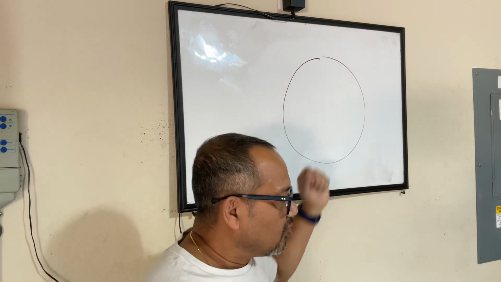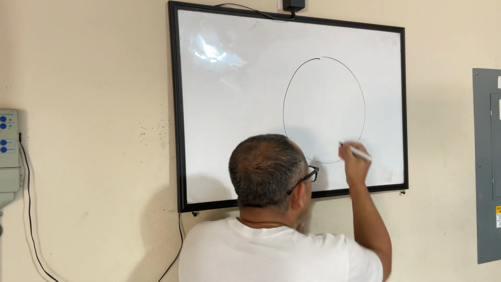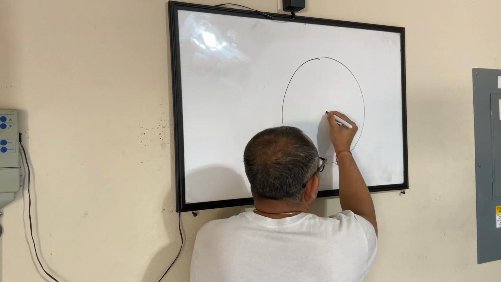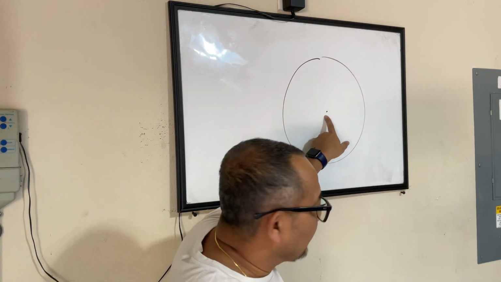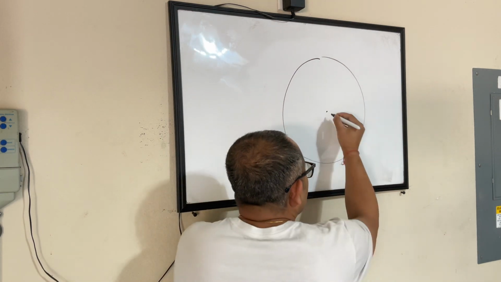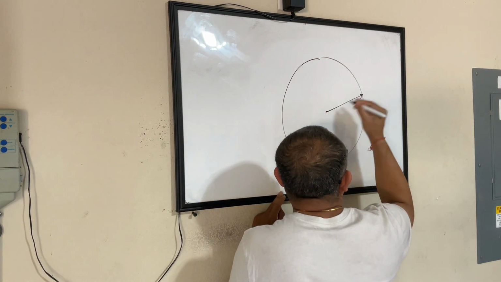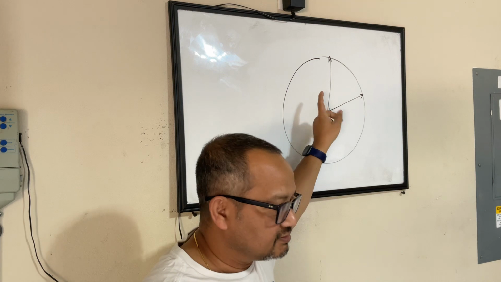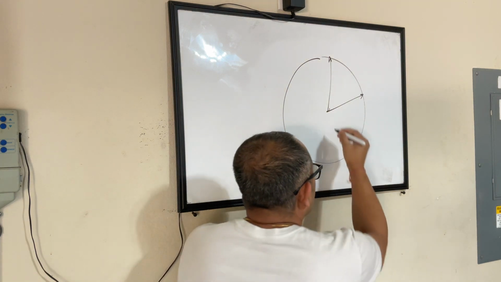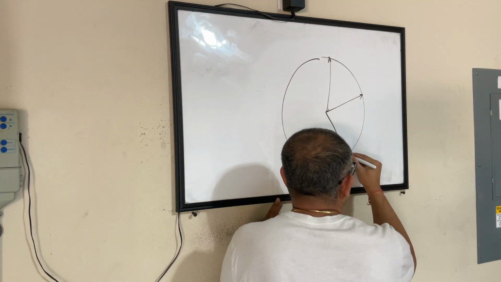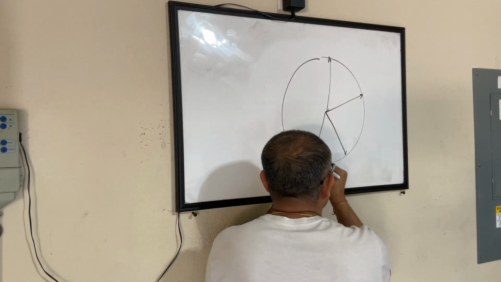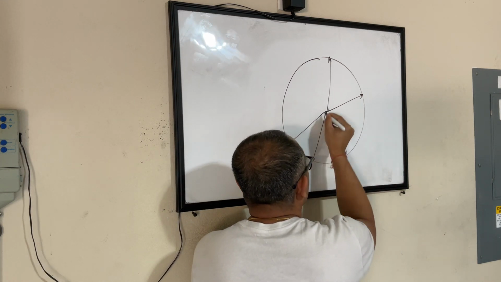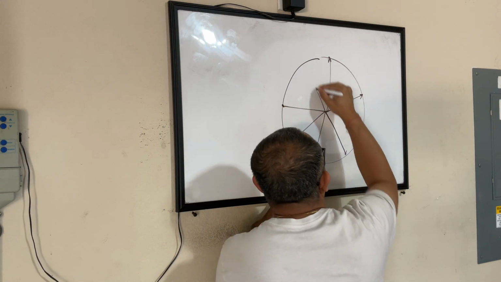Now, what else do we know about a circle? A circle has a unique property: if I call this a center, this center is equidistant from each and every point on the circumference or the perimeter of the circle. Any point you pick on the perimeter is equidistant from the center.